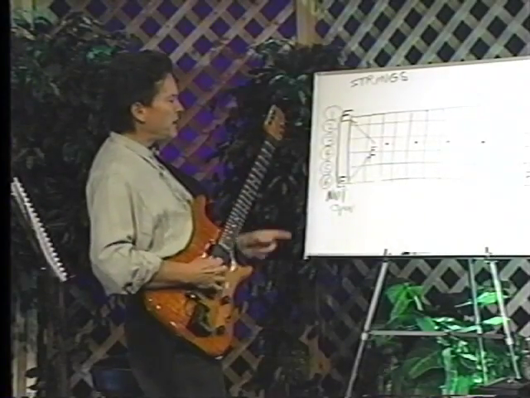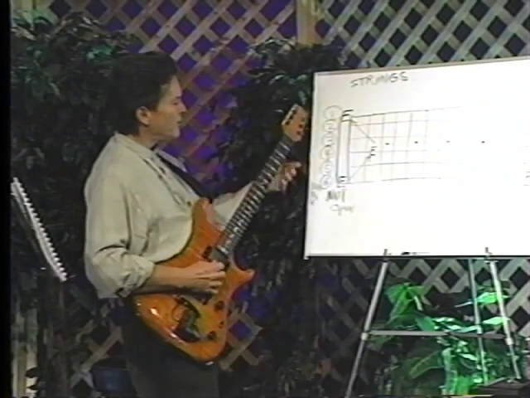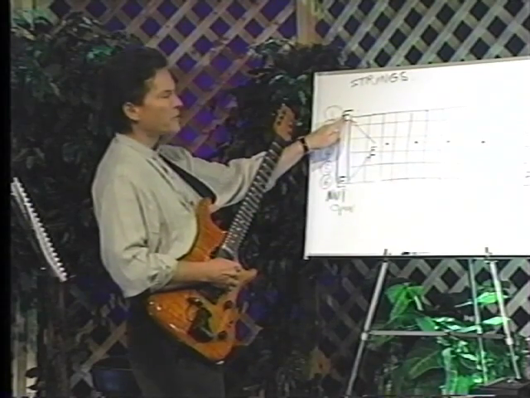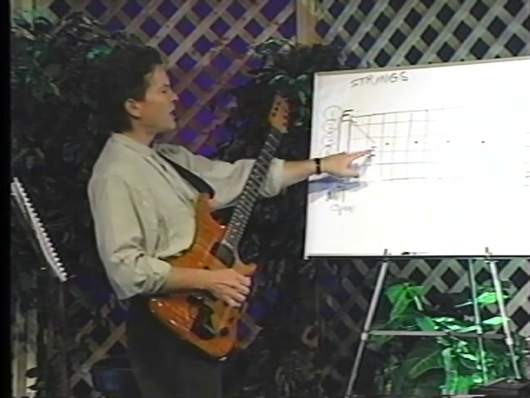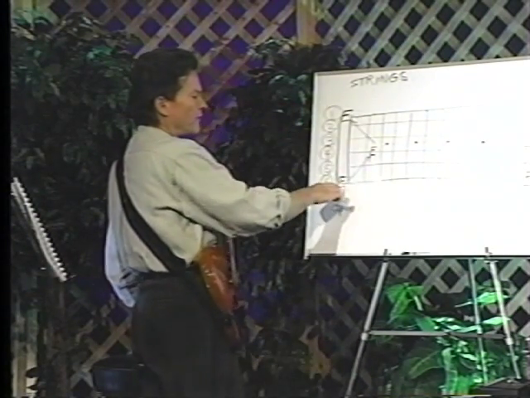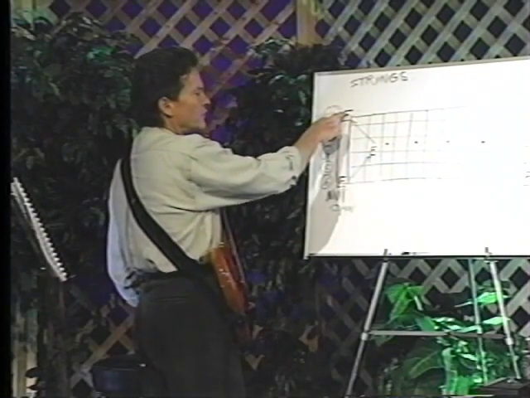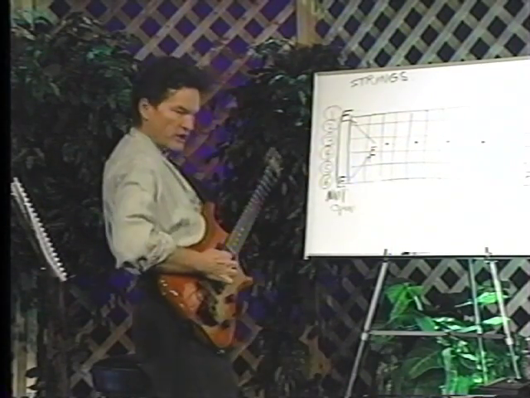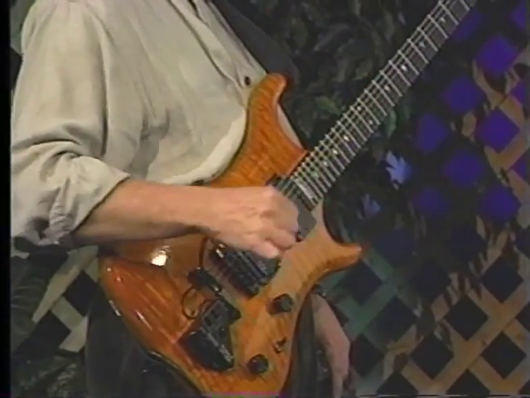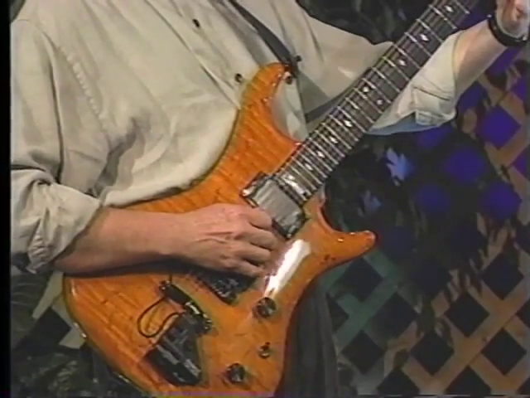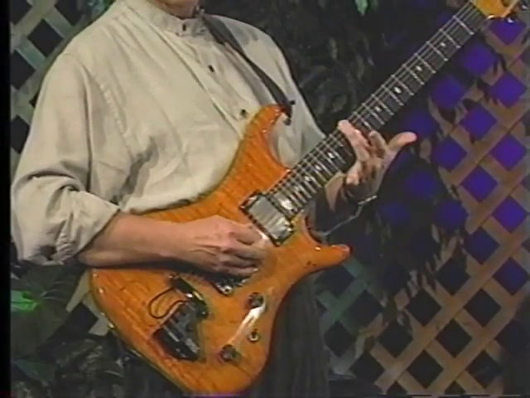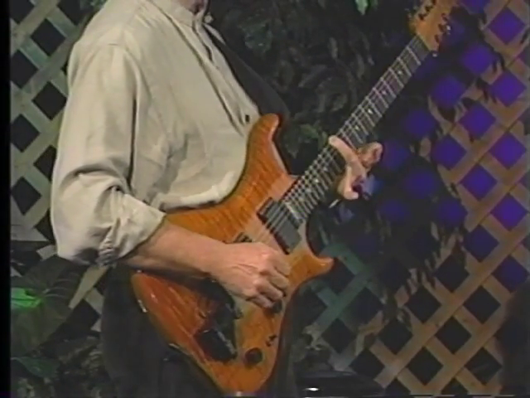The 6th string open being the lowest E, the 2nd fret of the 4th string being the octave above that, and now this 1st string open, which is also E, an octave above the 4th string E. In fact, as you can see vertically from the 6th string nut E to the 1st string nut E, that is 2 octaves. So here's the low E, and here is 2 octaves higher, a higher E, and now the octave E in the middle, the 4th string 2nd fret, is the same exact pitch as the 12th fret of the sixth string.